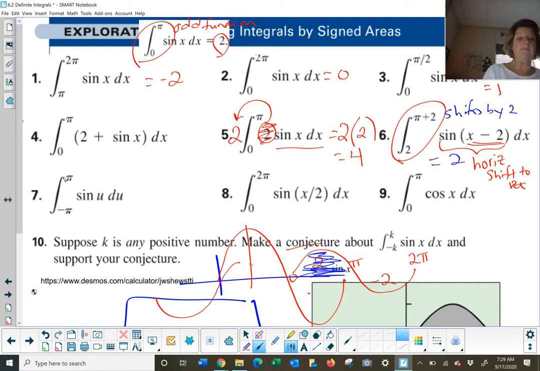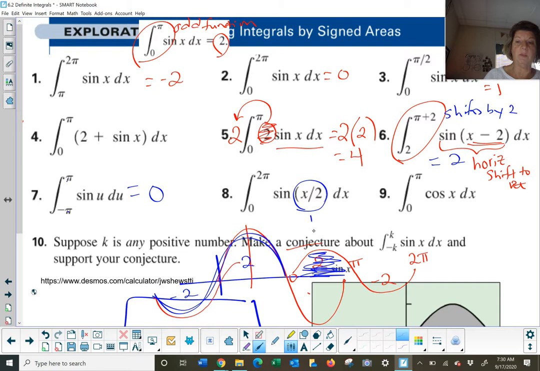If I go negative pi to pi, well, I know the shape of my curve. I'm going to have a negative 2 and a positive 2. This will zero out. This changes the period of the sine, and it makes it go twice.